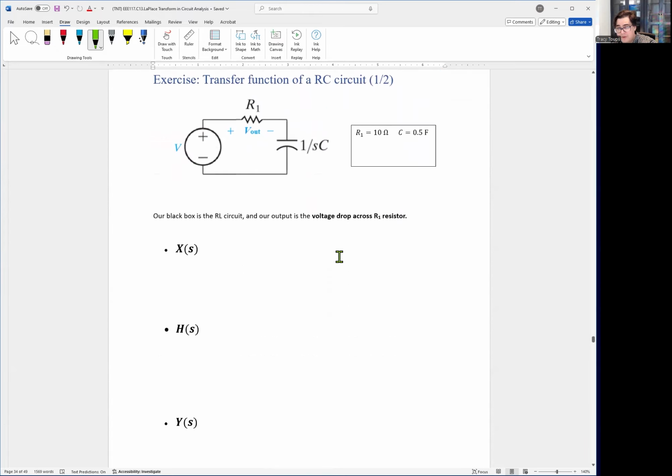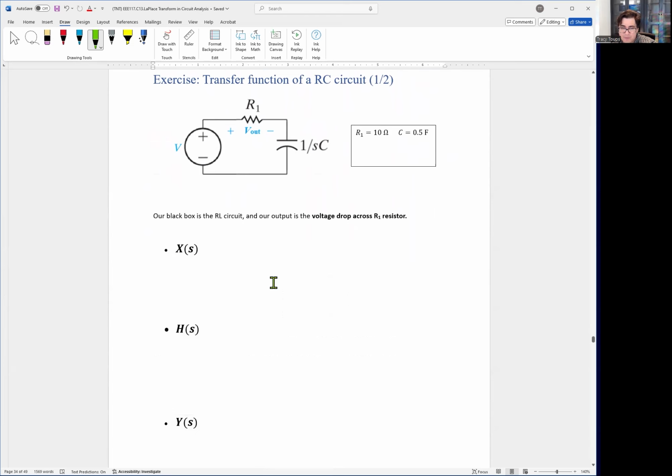So we did a circuit where we had a resistor and an inductor. I want you to do the same idea with a resistor and a capacitor. Follow the same kind of pattern we did for the example. You have your input voltage, so X(s) is your input. H(s) is your voltage divider here.